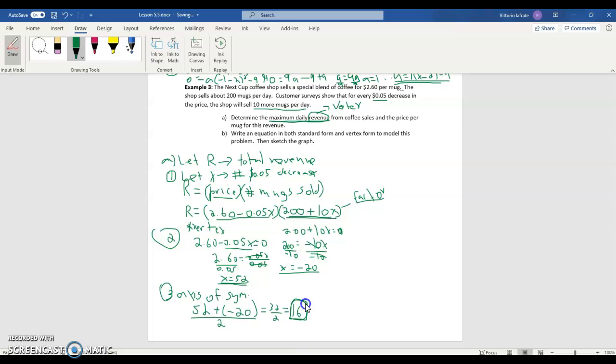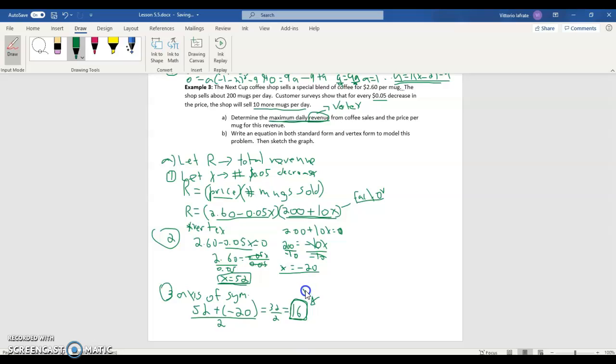But what is that revenue? Let's take a look. I misspoke in part 2 here. This X doesn't mean that we will sell 52 mugs. What it means is, if we drop the price 5 cents, 52 times, that's when we'll basically break even. We won't make or lose. So if we drop the price 16 times, we should have a maximum value.